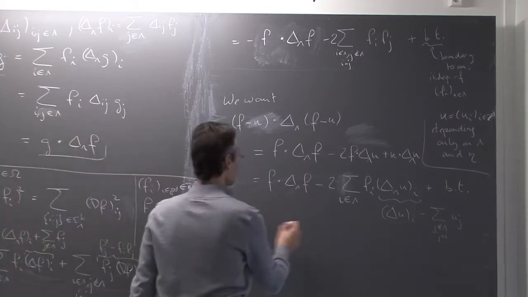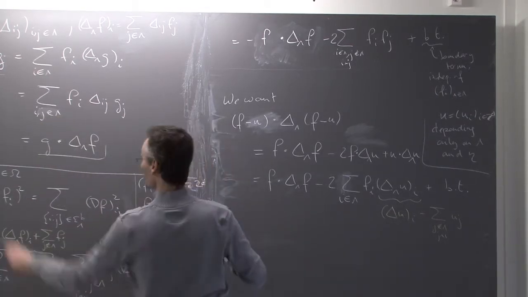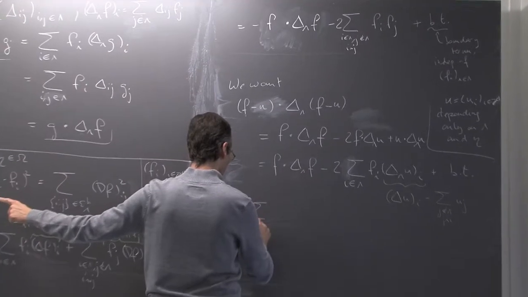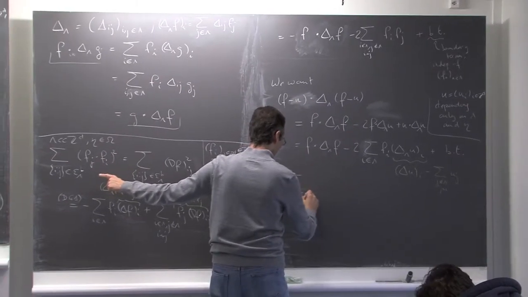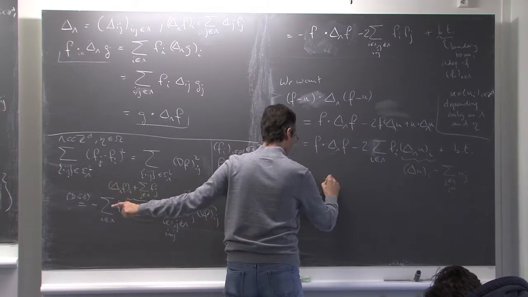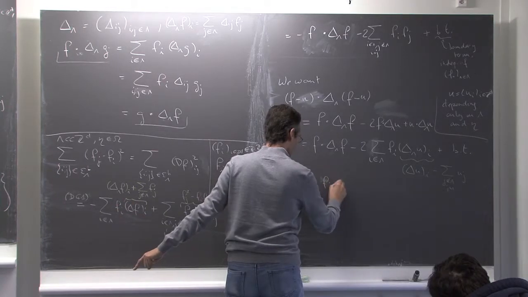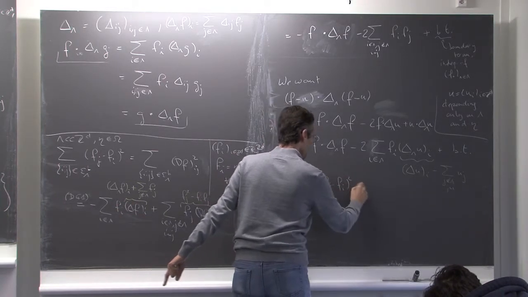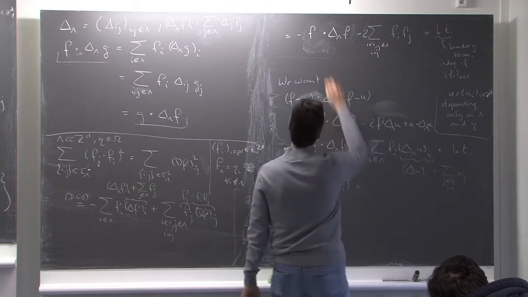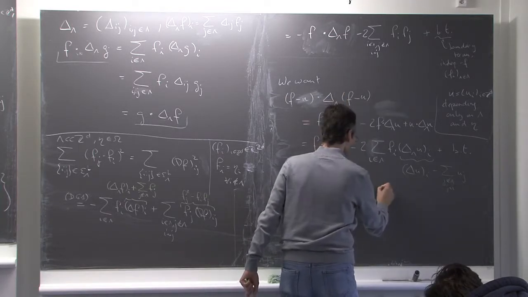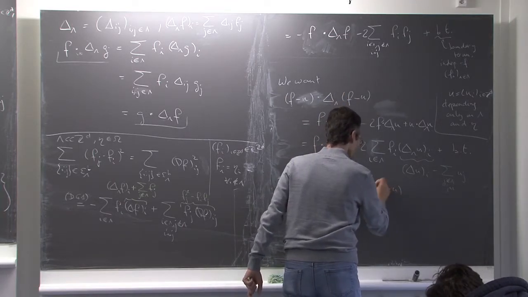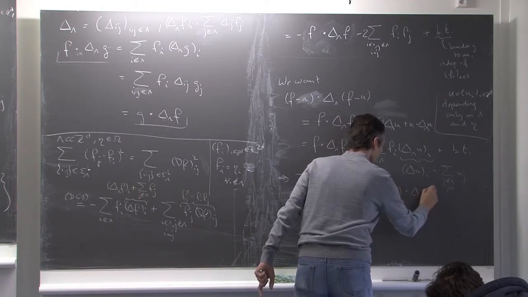So let's see. So this implies that what we want, which is the sum over all ij in E lambda b, say, of f_j minus f_i squared, is equal to the term we want, which is minus f minus u scalar product delta lambda f minus u.